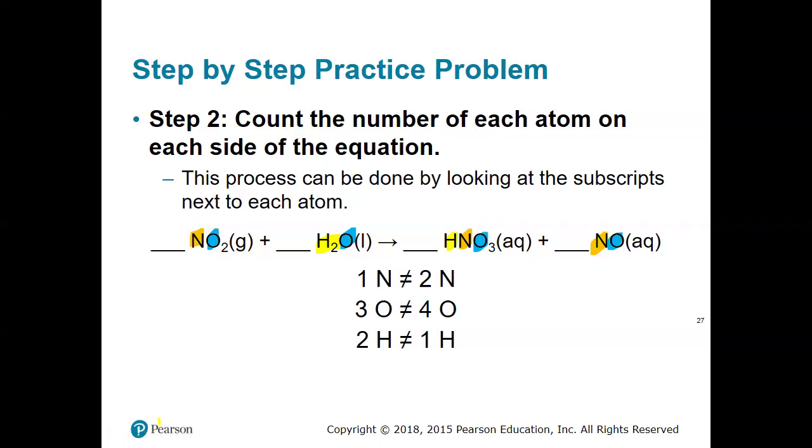So working in order of complexity, or least complex to most complex, I would want to start with the hydrogen because the hydrogen is the least impacted. And I look at this and say, okay, if I have 2 hydrogens over here, I need 2 hydrogens over here. Well, to get 2 hydrogens, I would need 2 nitric acids.